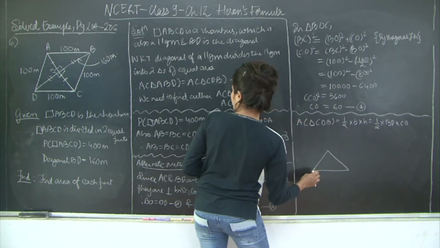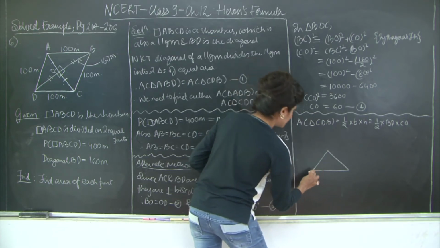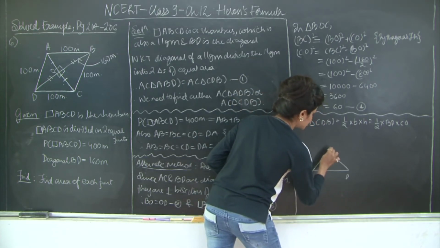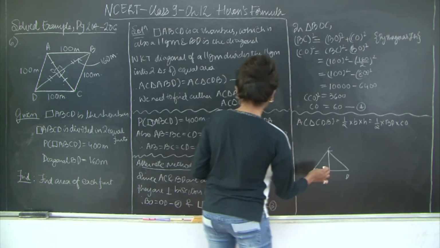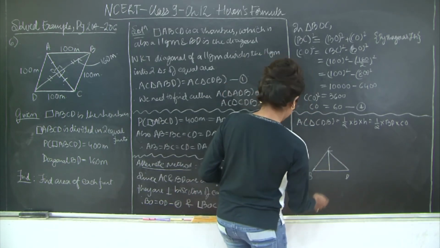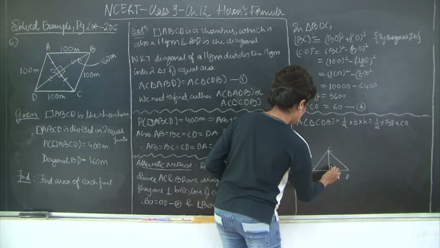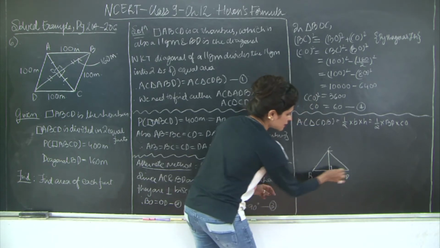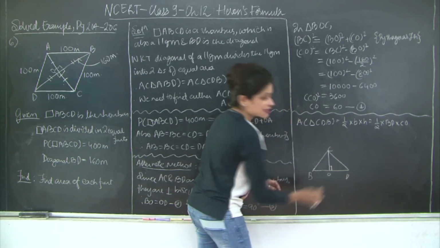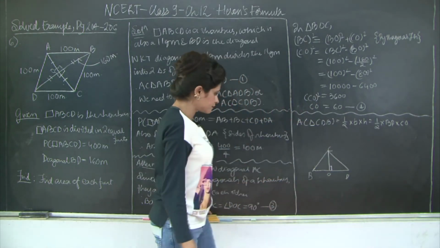So I have B, D and C. From C I'm drawing a perpendicular here, right? This is O. Therefore, this is the base BD and this is the height CO. Got it?